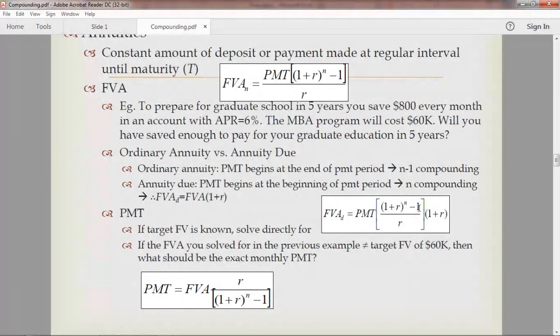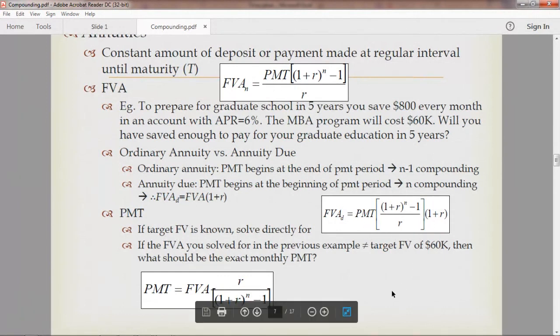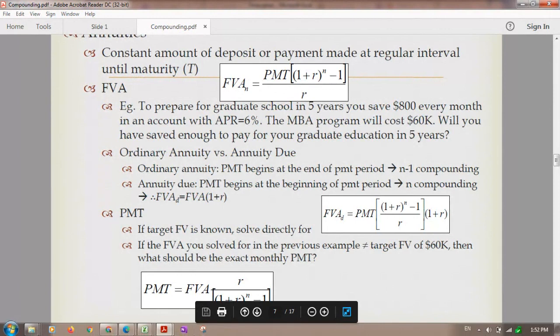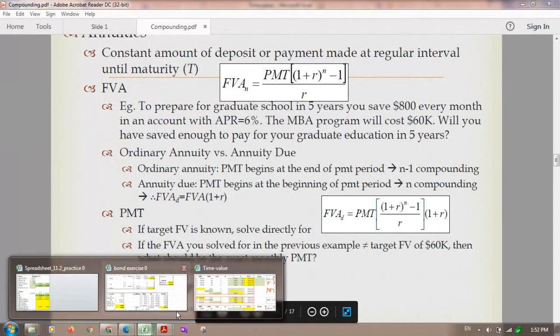This one is ordinary annuity, right? And then there's one more compounding. So if you have already found ordinary annuity, you can recycle that finding and just give it one more compounding.